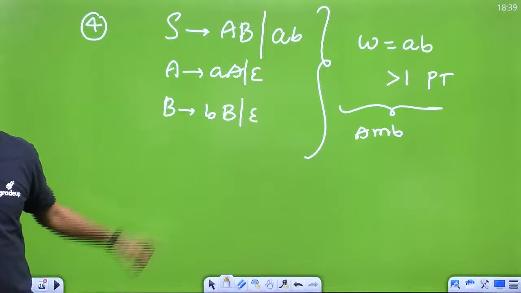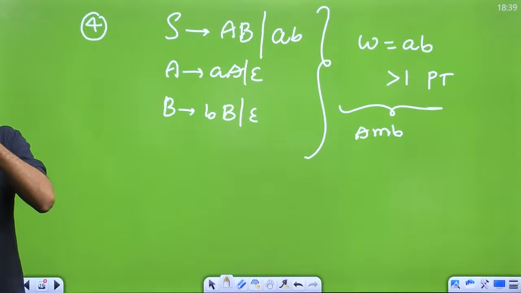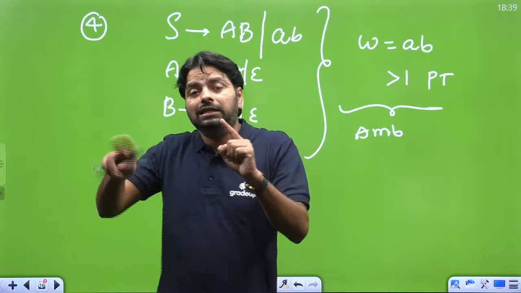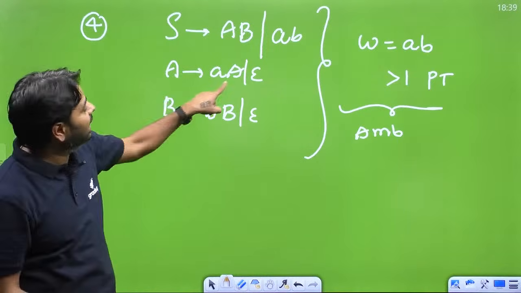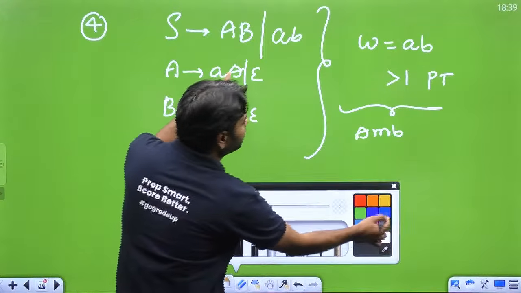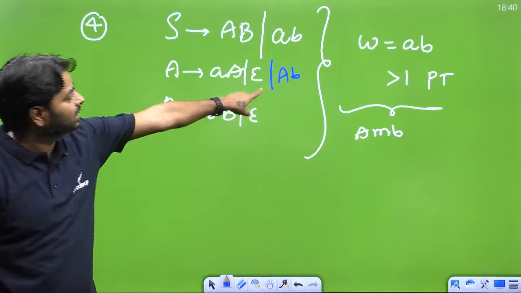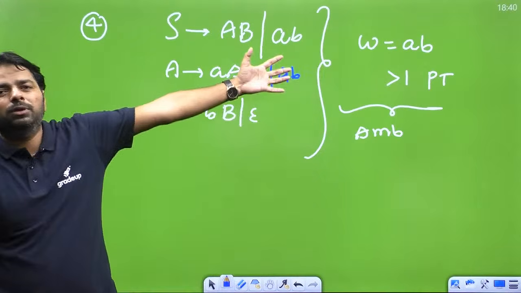Yes or no? Quick, yes or no? Yes. When you don't have left and right recursion, we don't know what is going to happen. But suppose if I add one thing here, it's going to be ambiguous no matter what the grammar is. You don't need an example to answer.